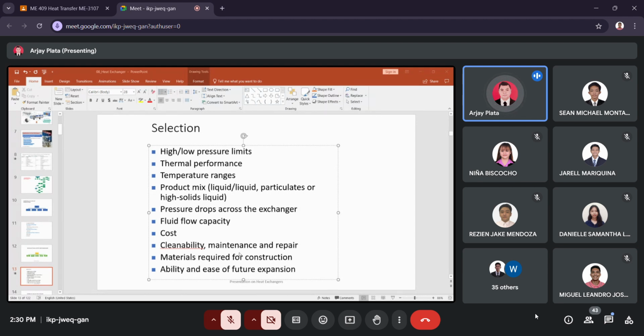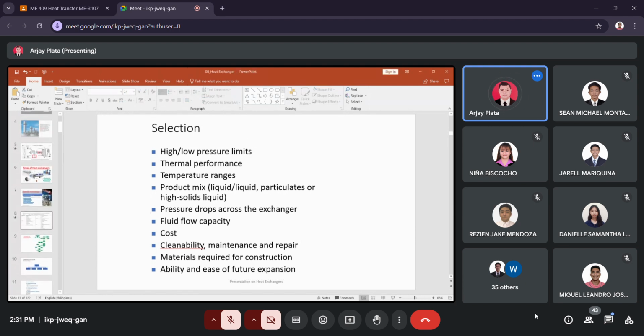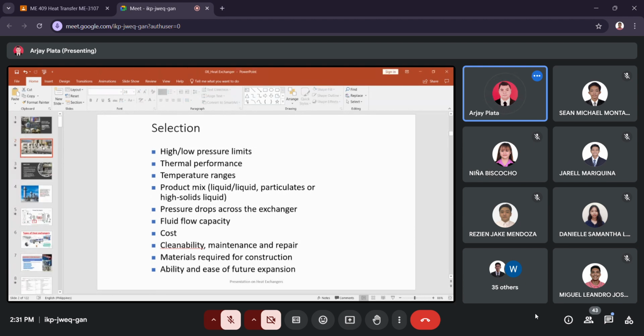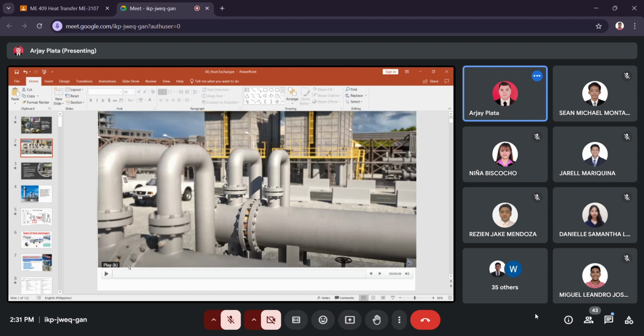And then the ability and ease of future expansion. We must also consider the ease of future expansion. As what I have shown here, there are different heat exchangers in series.